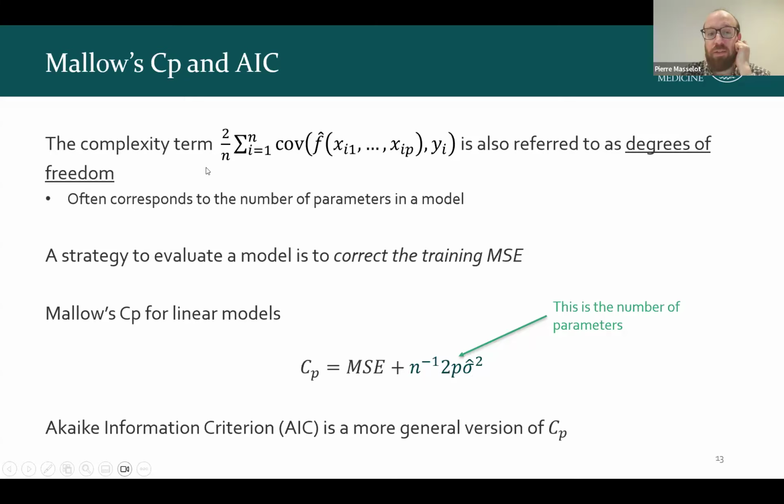So you recognize here the 2 over n, for instance, and this covariance in some models reduces to the number of parameters times the residual standard deviation here. And you have also the AIC, the Akaike information criterion, that is a more general version of this Mallows Cp.